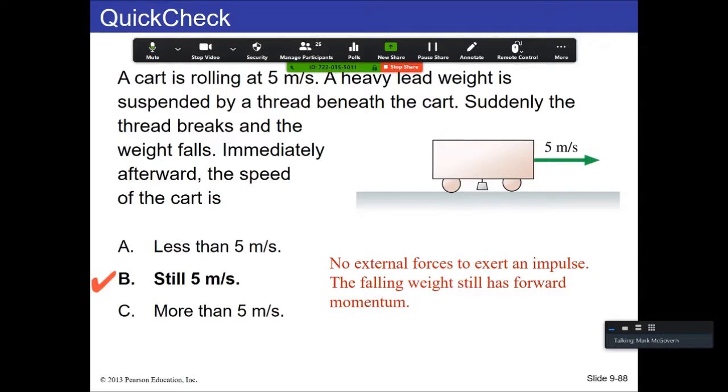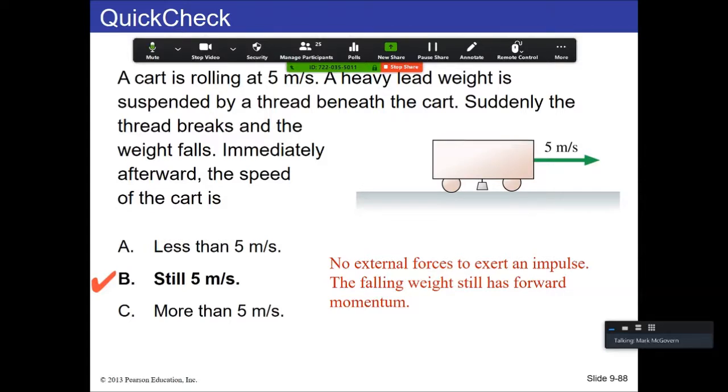What will happen though is now in the Y direction, the lead weight's going to start to increase its momentum. But then you have to include the Earth as part of the system, and again, we don't really do that. It's too complicated, unnecessary. We do energy for that. Anything that involves gravity, you should be using energy.